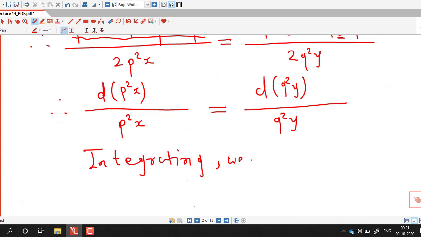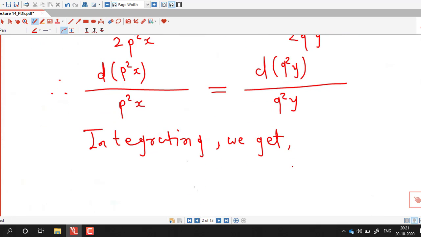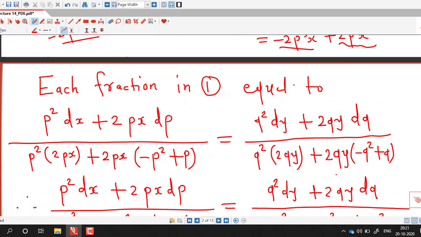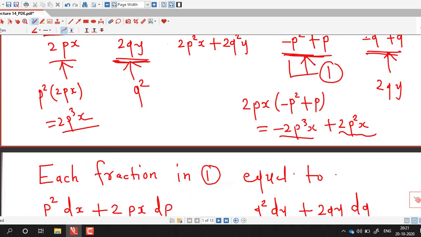Integrating we get, so the integral on the left hand side is log of p square x equal to log of q square y plus log a, where a is an arbitrary constant.